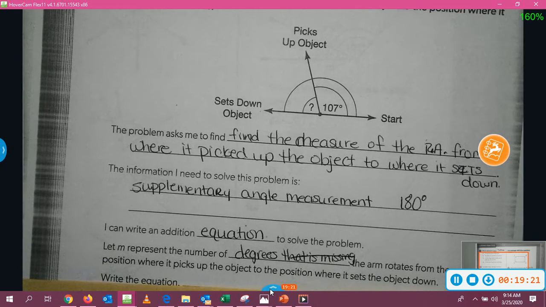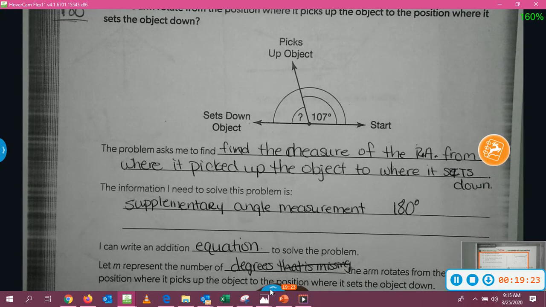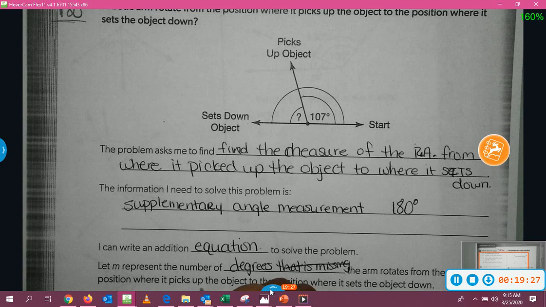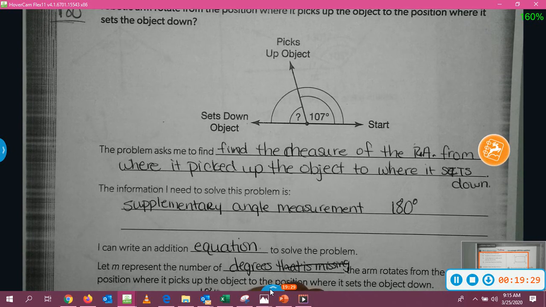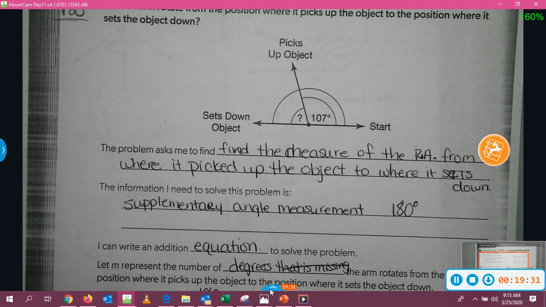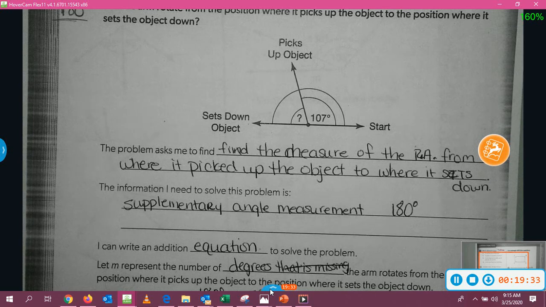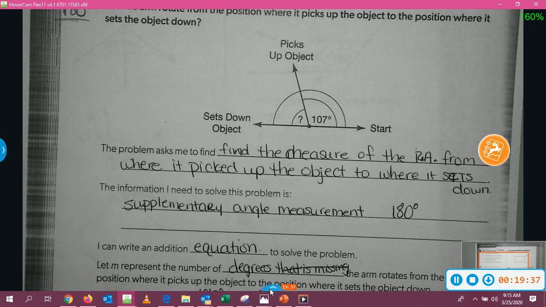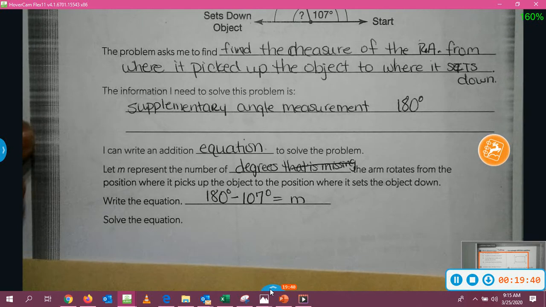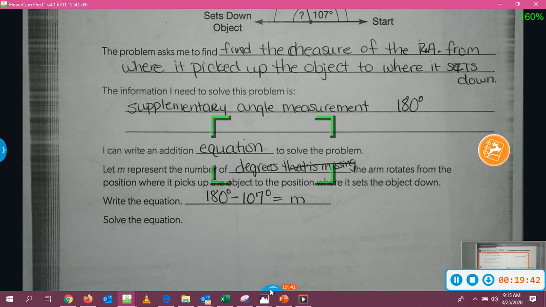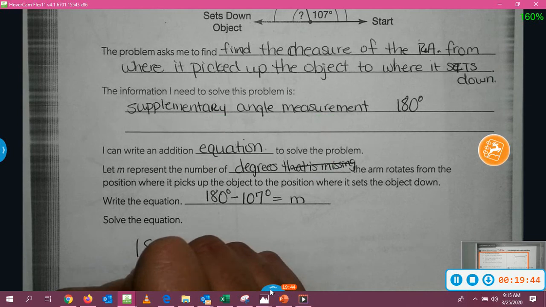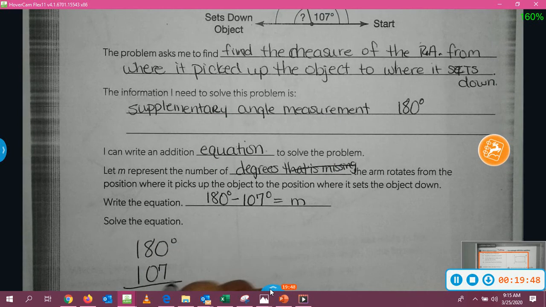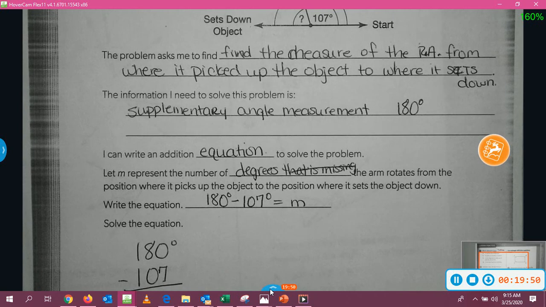Write the equation. 180 minus 107 degrees equals M. That's my equation. Solve the equation. 180 minus 107. Can I take 7 from 0?